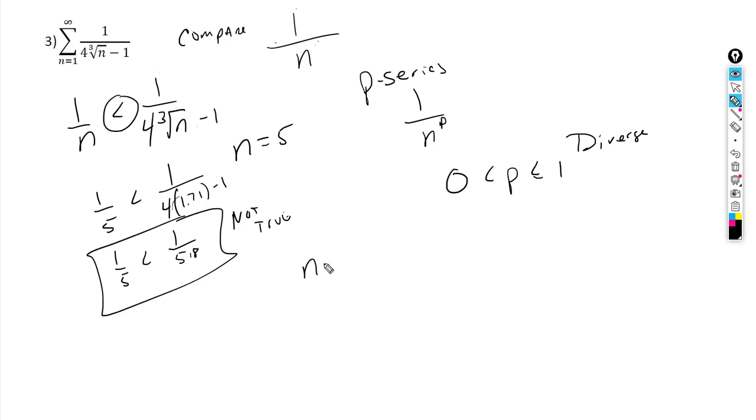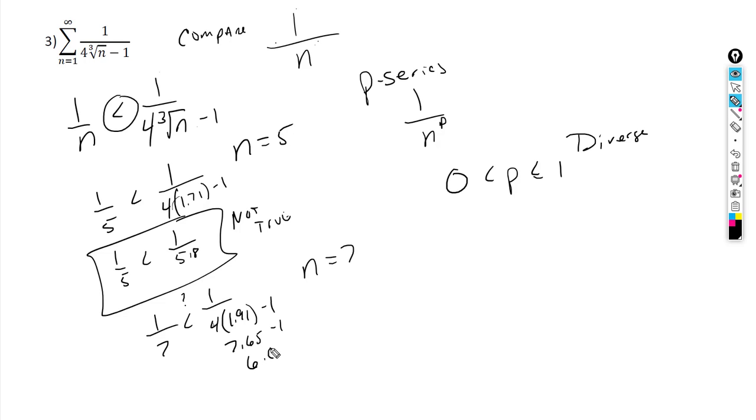Well, what if we made n 7? So I get 1 over 7 is now less than 1 over 4 times the cubed root of 7, which is, I have to do the math here, 1.91, minus 1. 4 times 1.91 is about 7.65, give or take, minus 1.